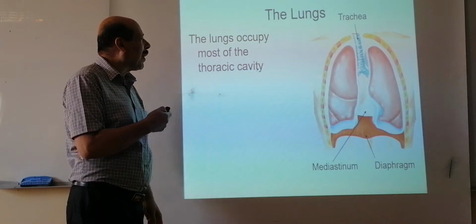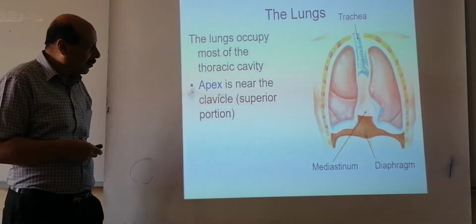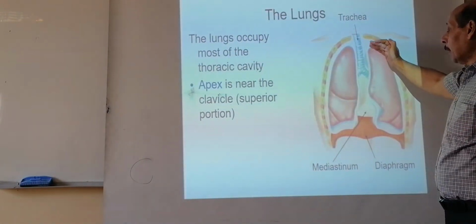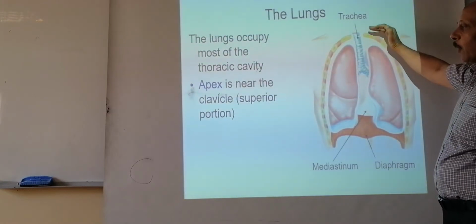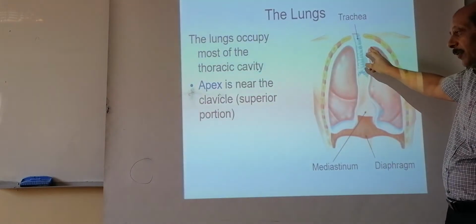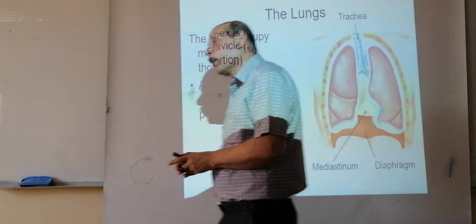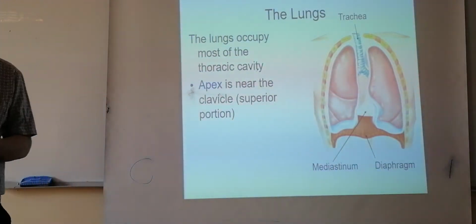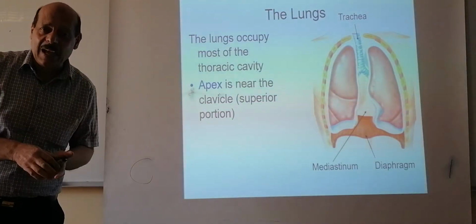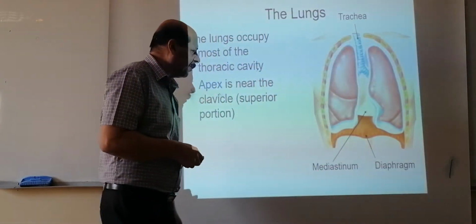The lungs occupy most of the thoracic cavity, as we said. The apex of the lungs is upward, near the clavicle, the superior portion, and the base is down. It is not like the heart. In the heart, the apex is coming down and the base is up. But in the lung, the apex is up and the base is down.